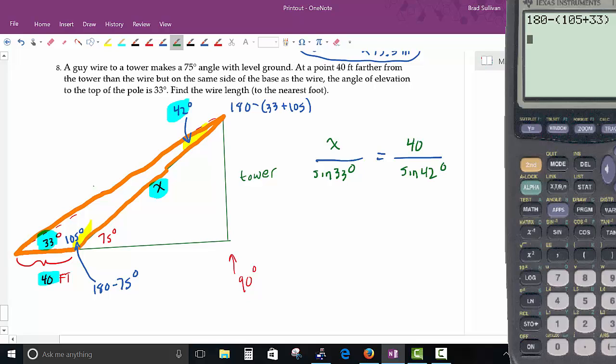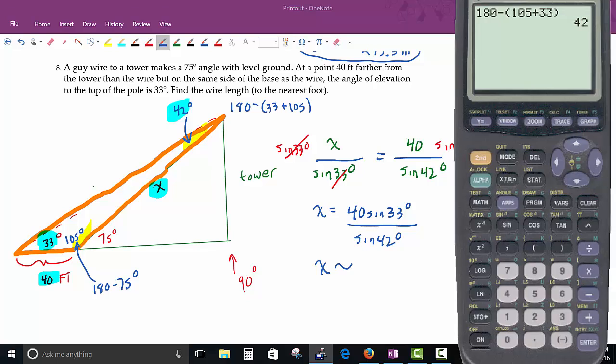Okay, all I've got to do is solve this. So I'm going to multiply both sides by the sine of 33 degrees. Then I'll go to my calculator, so I have x is equal to 40 sine of 33 degrees divided by sine of 42 degrees. Then I'll have an approximate answer to that problem.